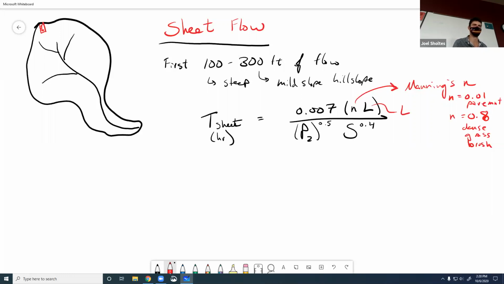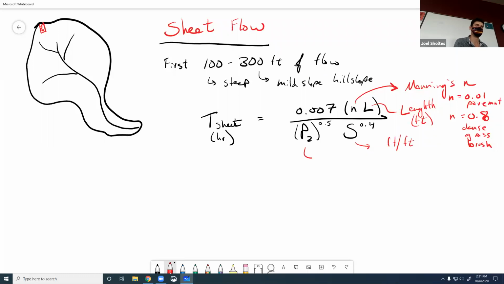L is our length of the flow path in feet. S is our slope in feet per feet, just as long as it's a fraction, not a percentage.